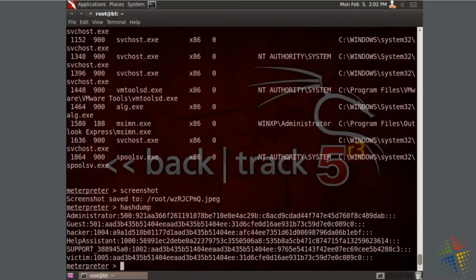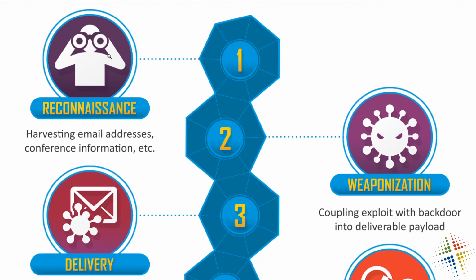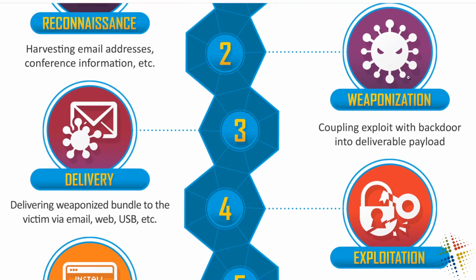All right, so there we go. We have our process that we started off with as far as our reconnaissance. That was actually previously done for us, so don't worry too much about it. We built and weaponized our web server and included a payload along with it.